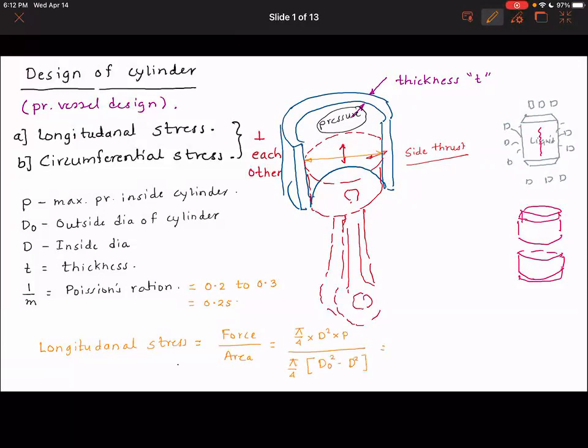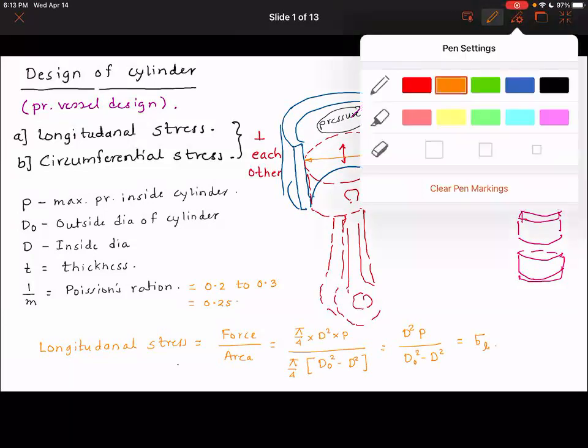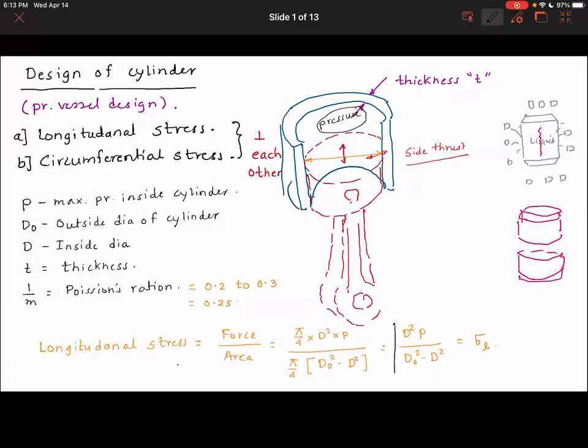So this equation gets simplified to d square p divided by d outside square minus d square, equal to sigma L. And this is the expression that we will use for the longitudinal stress determination. This will be one of the design equations that we will use.